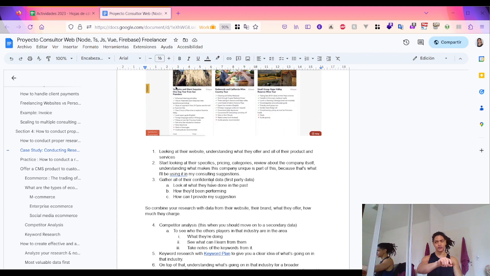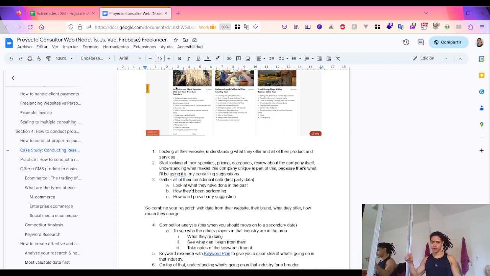And then if you can have access to the first party data, look at what they have done in the past, how they have been performing, and see how you can provide your suggestions based on that. So once you do that, then you move to the competitor analysis.